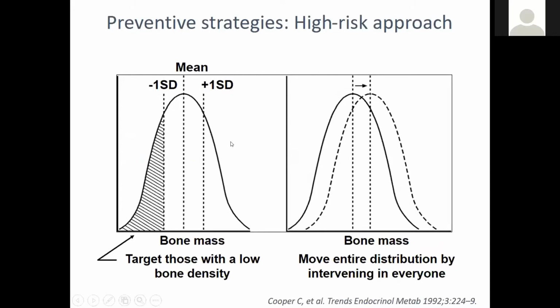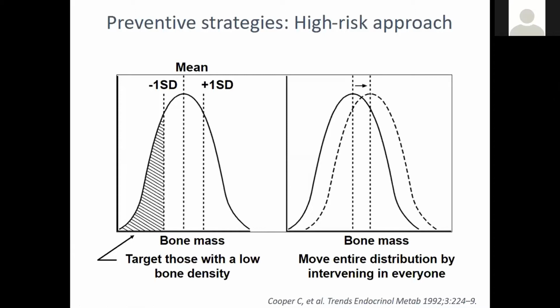But really focusing on the left-hand panel here, and that's obviously what we're talking about today, what we want to do is identify those individuals who have poor bone health, because those are the cohort of patients that we're going to target therapies to.